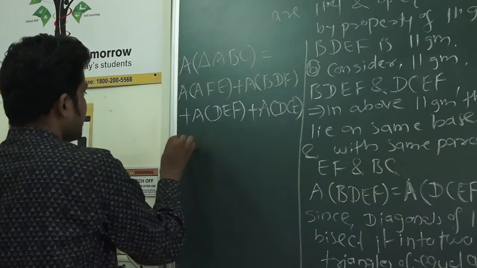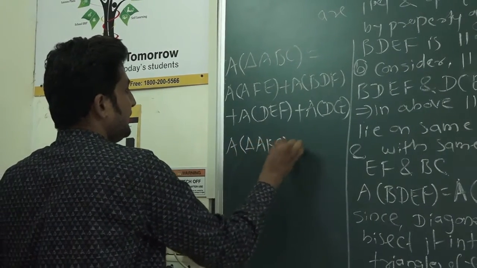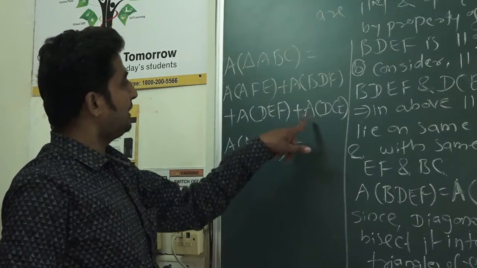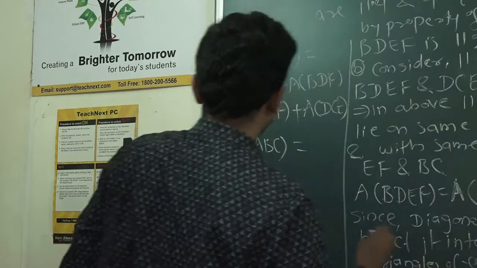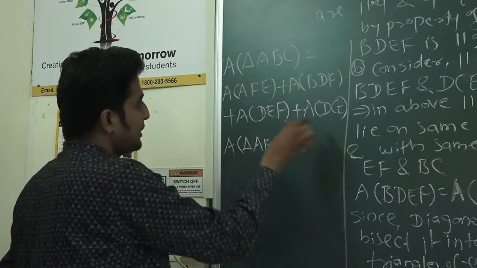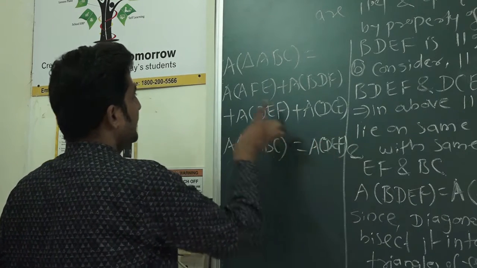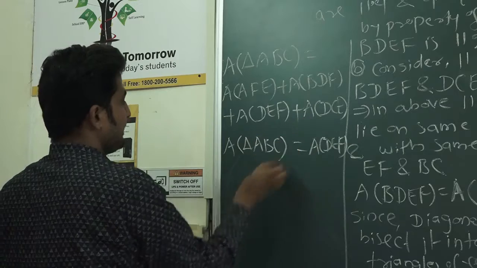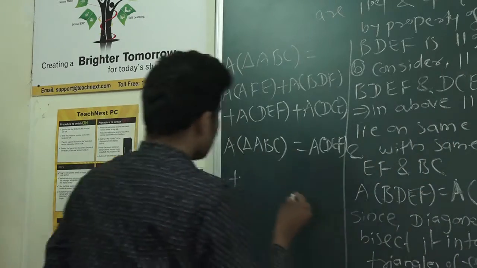But the problem is, what we are telling here, the areas of these triangles are also equal. Means, suppose area of triangle ABC is equal to, shall we call this DEF. This is DEF because all areas of these triangles are equal. This is also DEF. Because areas are equal, we can equate to any one of these triangles.